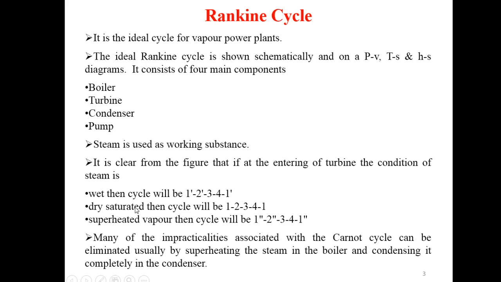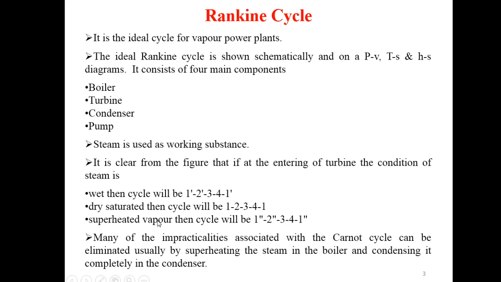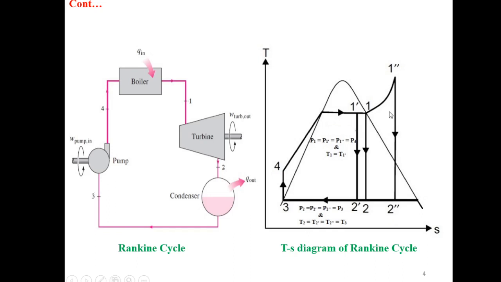For dry saturated steam at the turbine entry, the cycle followed will be 1 2 3 4 1. If the entry point to the turbine is superheated vapor, then the cycle followed will be 1 double dash 2 double dash 3 4 1 double dash.